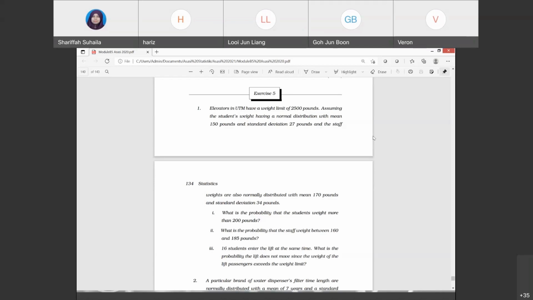Again, what you need to solve. First, you write the distribution. You have the students' weight, with mu 150 and standard deviation 27. Let's say X for student is normally distributed with mu 150 and sigma square.